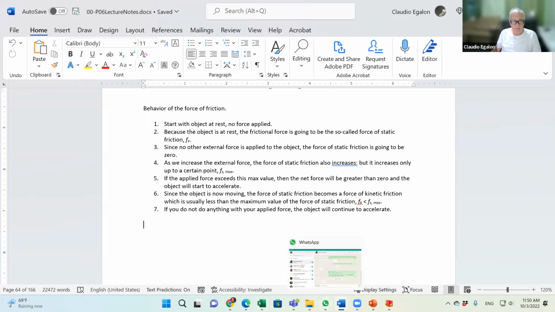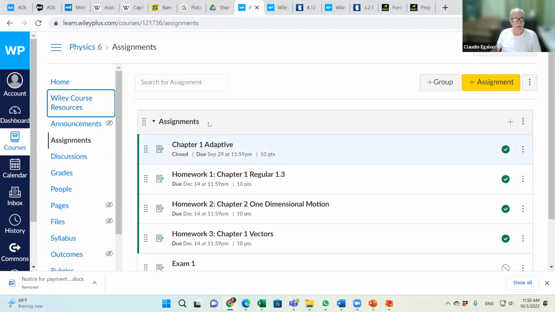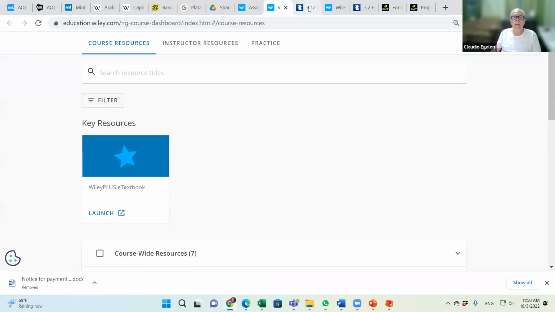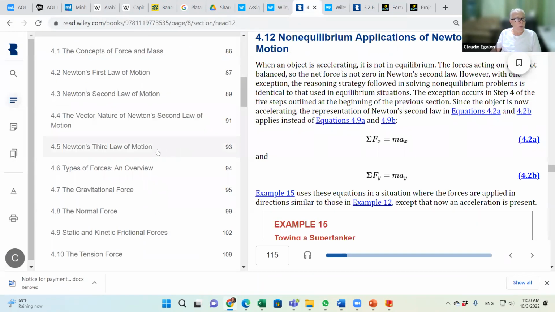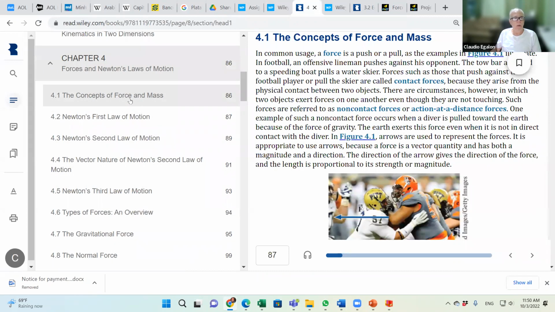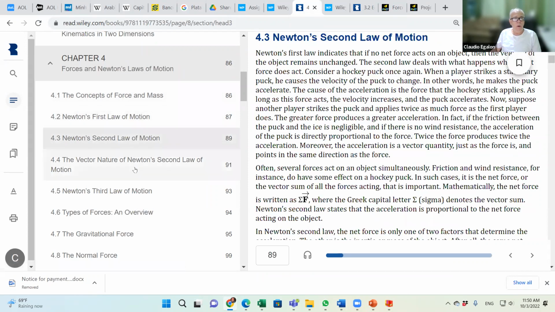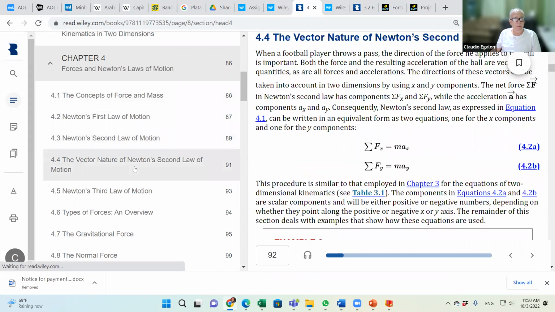It's 11:50 right now. Let's take a look at the book. Concept of force and mass. Newton's first law of motion we covered. Newton's second law of motion we covered. We covered the fact that the force is vectorial in nature.